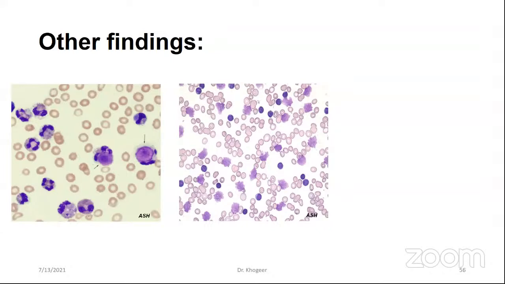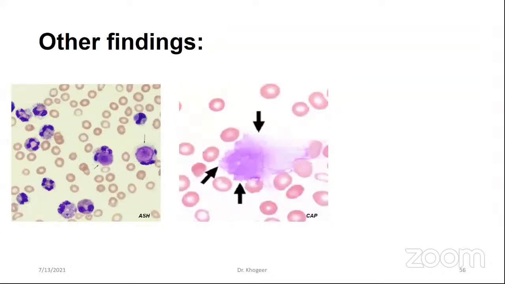So these are smudge cells. This is a high power of these smudge cells, also known as basket cells. These cells are ruptured white blood cells, leaving their nucleus free, and they can be pathologic and non-pathologic. A non-pathologic cause may occur during the smearing process.